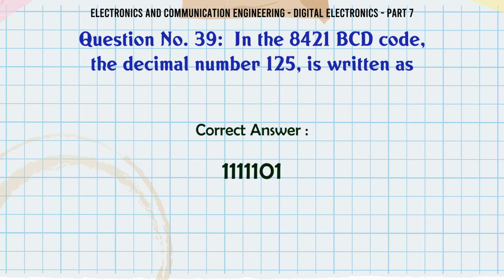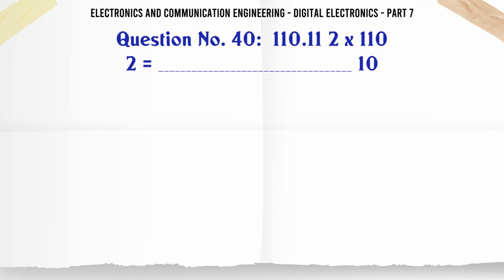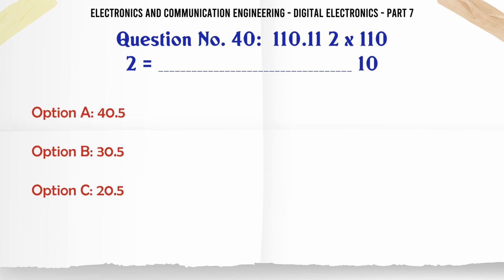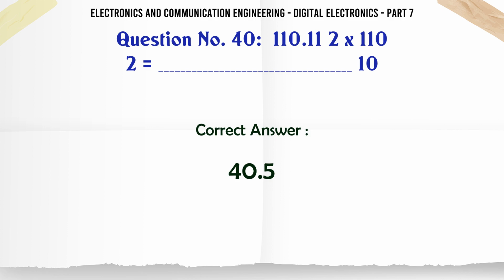The correct answer is 111101. 110.11 times 110, in base 2, equals: A) 40.5, B) 30.5, C) 20.5, D) 10.5. The correct answer is 40.5.